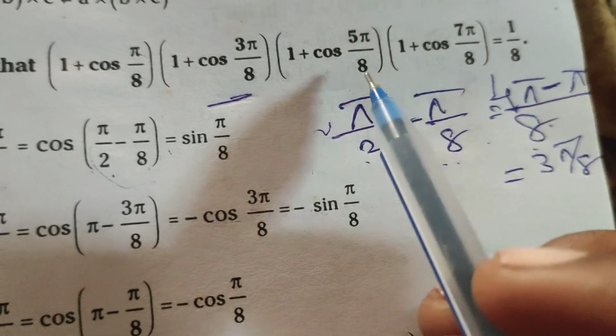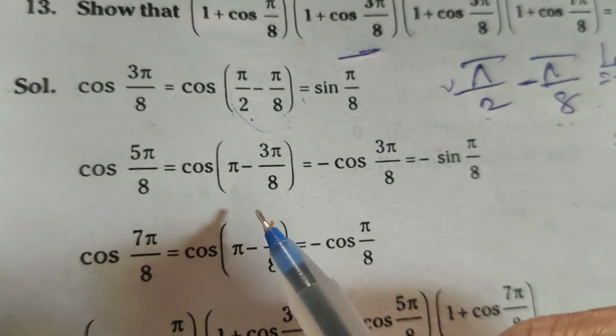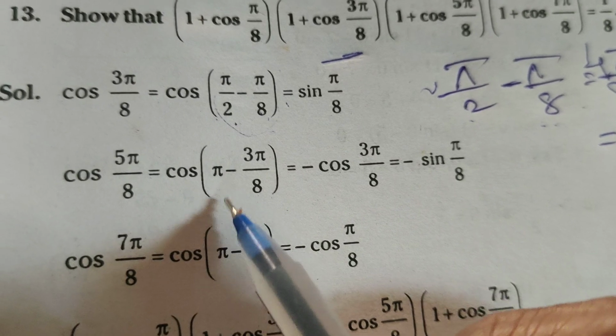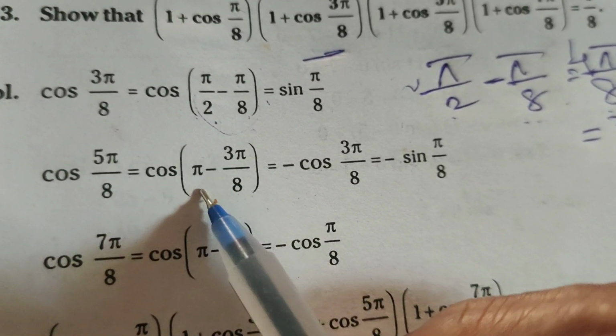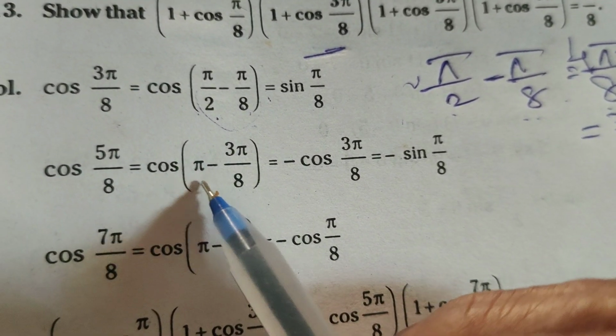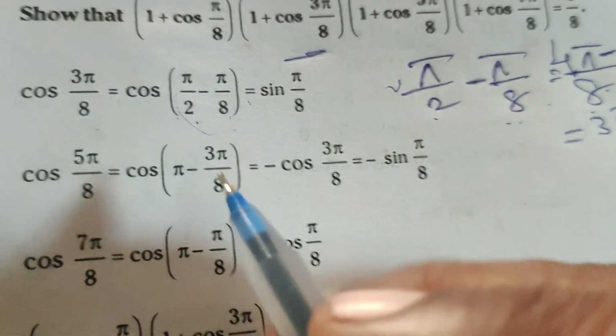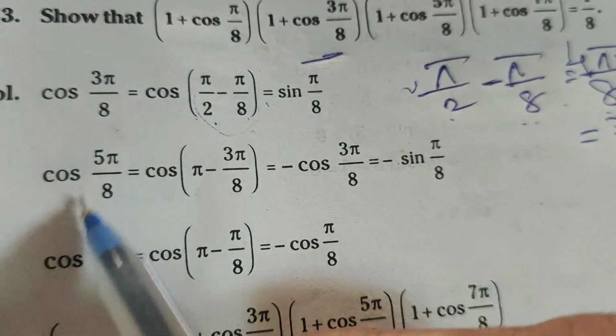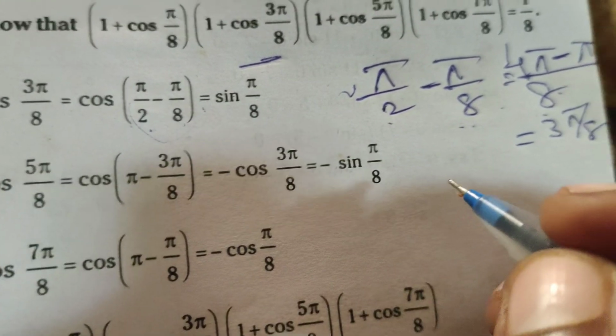Next, cos 5 pi by 8 splits into cos of 180 minus theta, that is pi minus 3 pi by 8, where pi means 180. How?